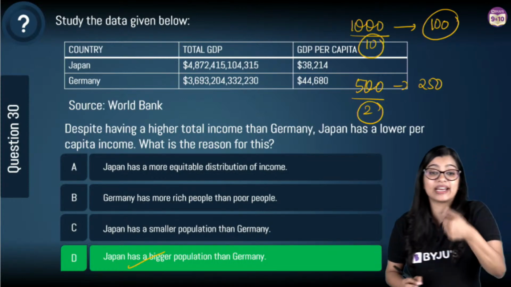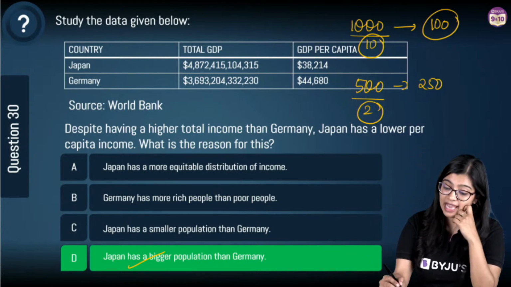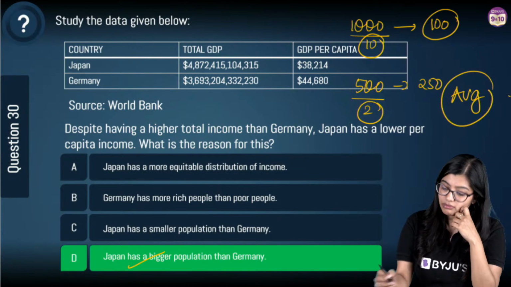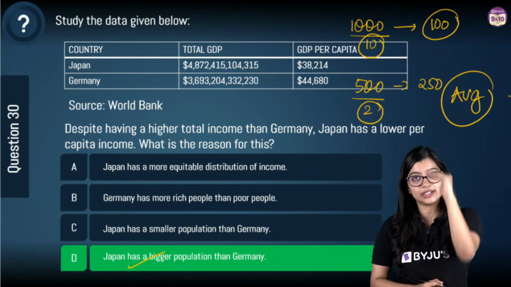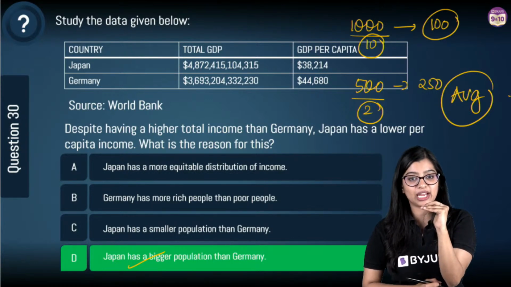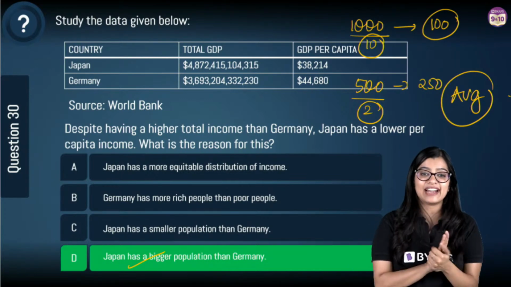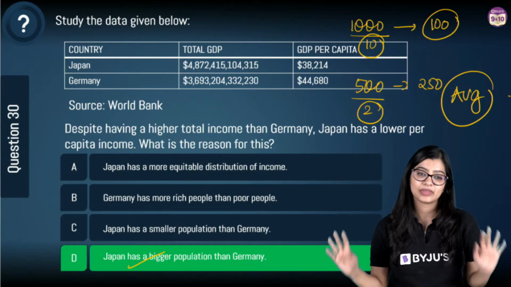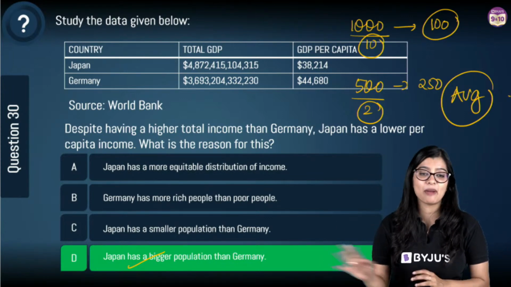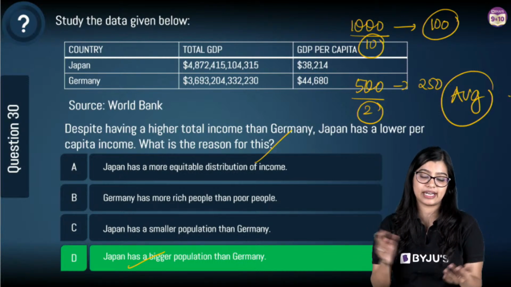Because when you're taking per capita or average income, it is total divided by total population. Greater the denominator, lower is the per capita, right? Easy. So Japan's population is higher than Germany's. That is the reason for the difference, right?